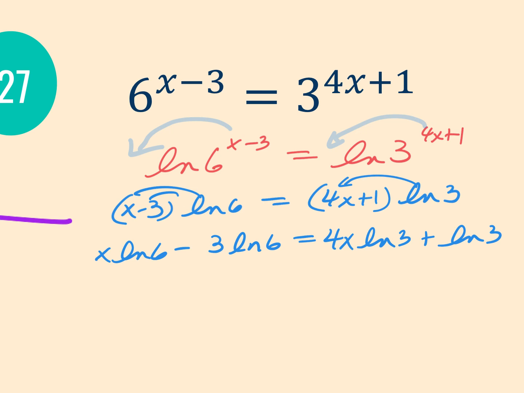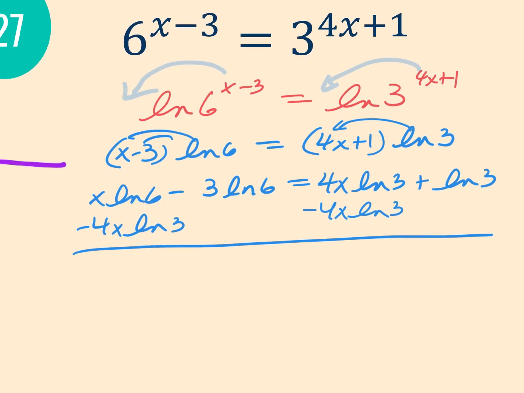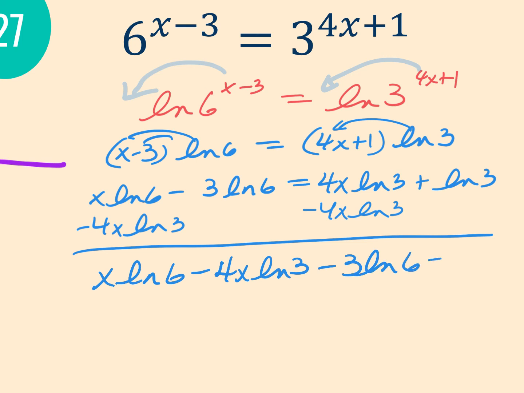My goal is to get my x's together and my constants together. So I'm going to go ahead and move this 4x ln 3 to the other side. So x ln 6 minus 4x ln 3 minus 3 ln 6 equals ln 3.